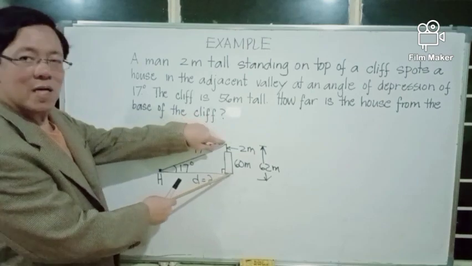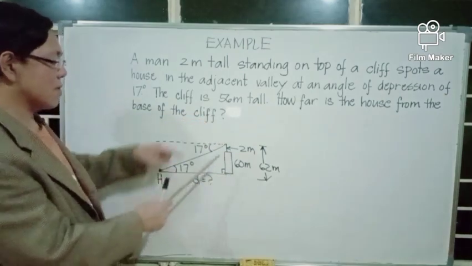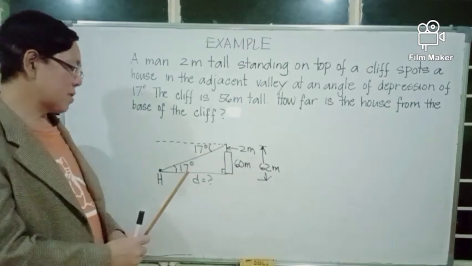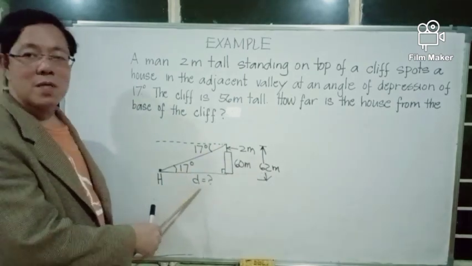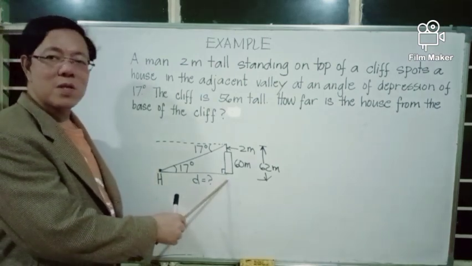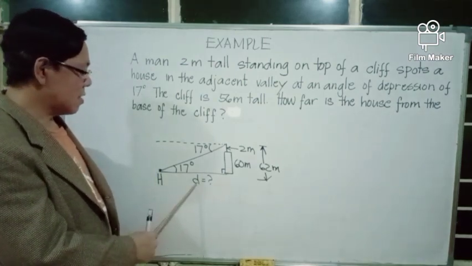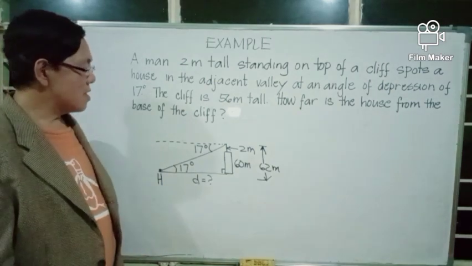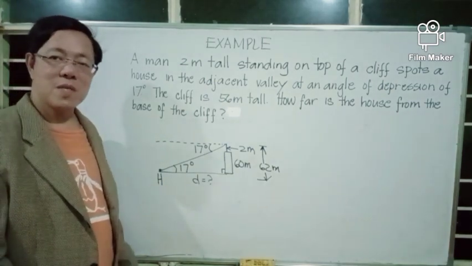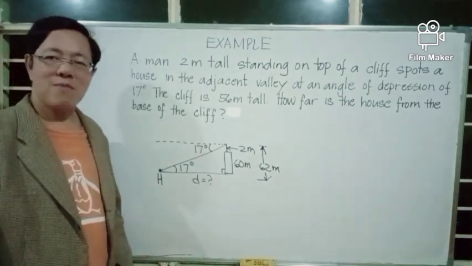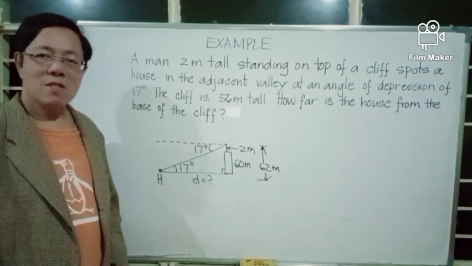This side of the right triangle opposite 17 degrees equals 2 plus 60 or 62 meters. And the unknown, the required quantity, the distance of the house from the base of the cliff, is the side adjacent to 17 degrees.